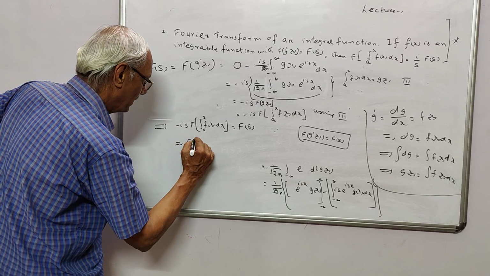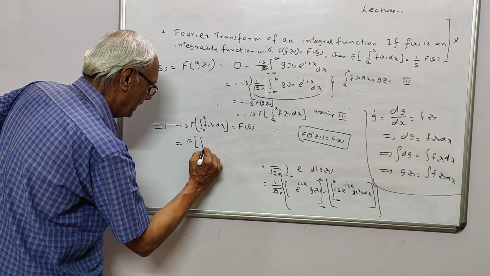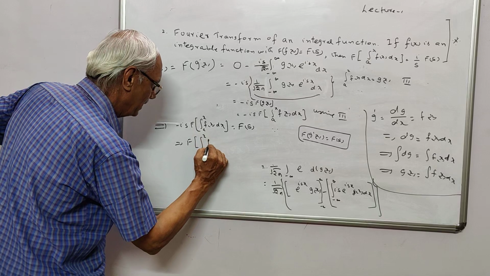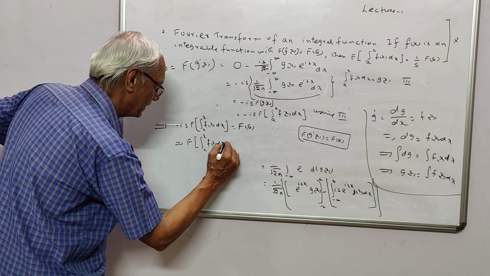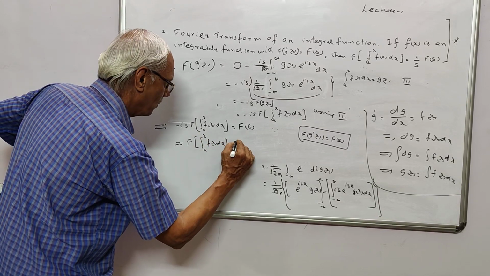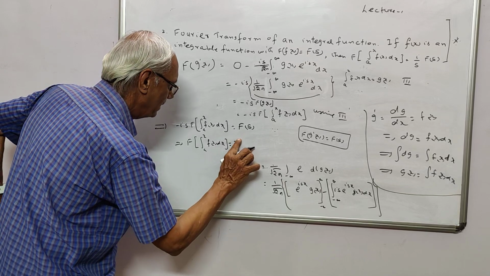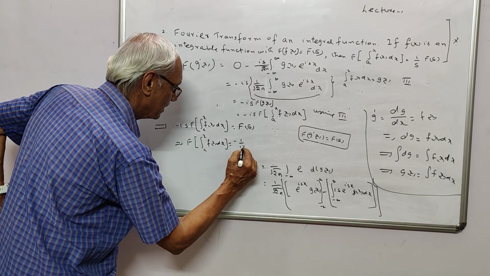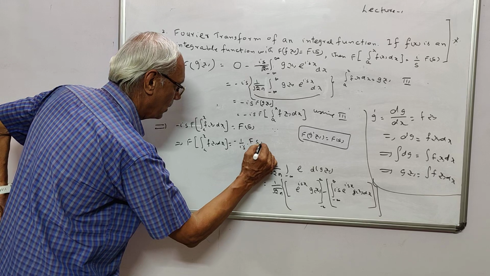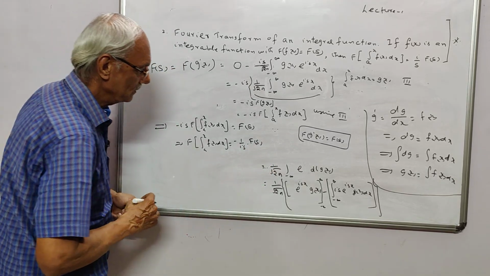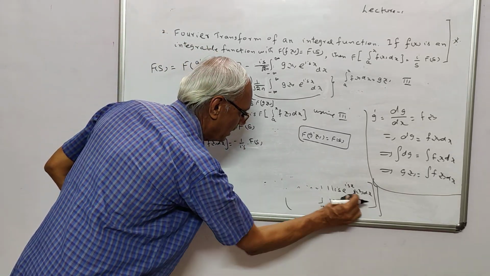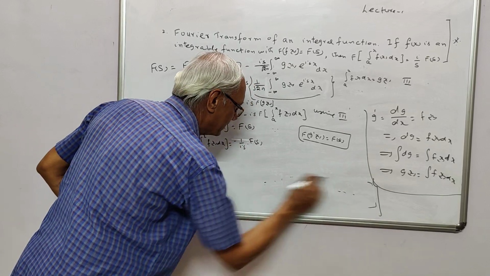This implies F of integral from a to x of f of x dx is equal to minus 1 by is into F of s. Now, what is it that you get here now?